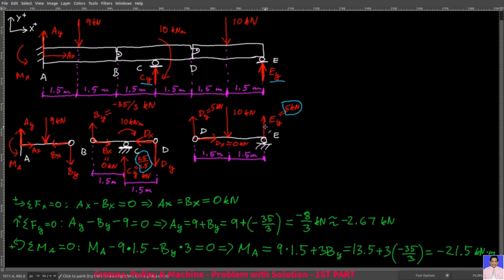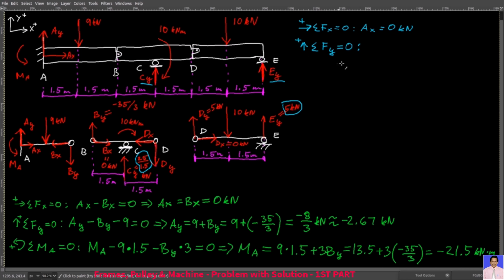You can do that because once you know your Cy and Ey, in this general free body diagram, you will only have 3 unknowns, Ax, Ay, and Ma. So once you know your Cy and Ey, you can write the sum of the forces in the x direction. That gives you Ax equals 0 kilonewtons.